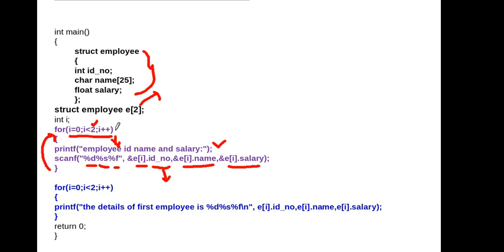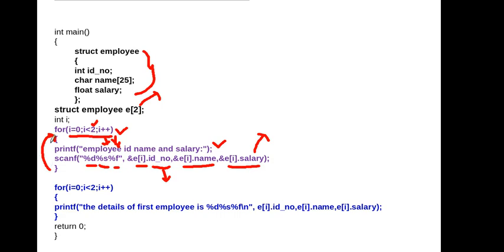Here the I value is incremented by 1, so I becomes 1. 1 is less than 2, yes, the condition is true, so it enters the loop again. This time E of 1 dot ID number means the second employee's ID number, E of 1 dot name is the second employee's name, and E of 1 dot salary is the second employee's salary. Whatever information is entered for the second employee will be stored in the respective structure members of the structure variable, right?